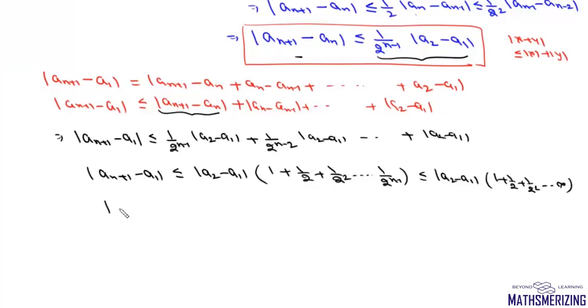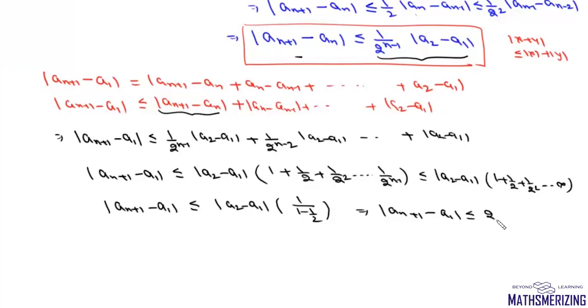So it will always be less than 1 plus 1 by 2 plus 1 upon 2 square up to infinity. So we can write mod of an plus 1 minus a1 will always be less than or equal to mod of a2 minus a1 times a upon 1 minus r. So that means mod of an plus 1 minus a1 is always less than or equal to 2 times mod of a2 minus a1.